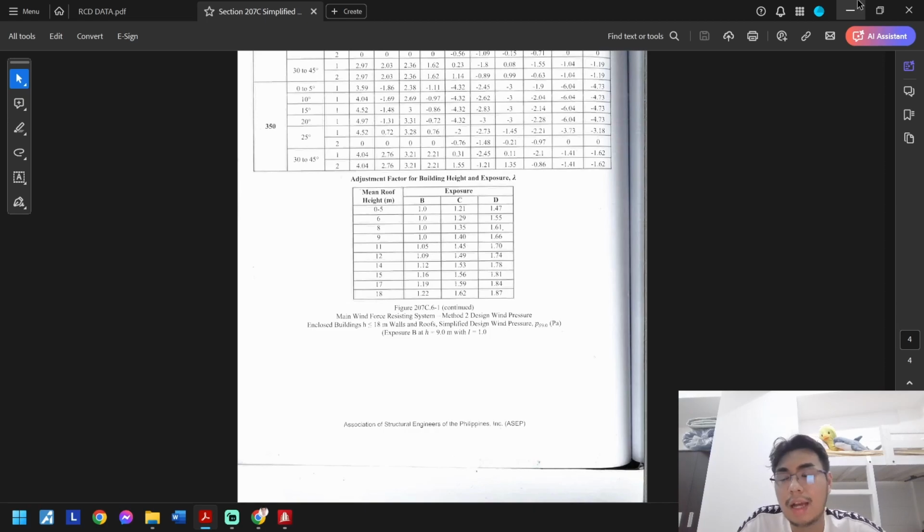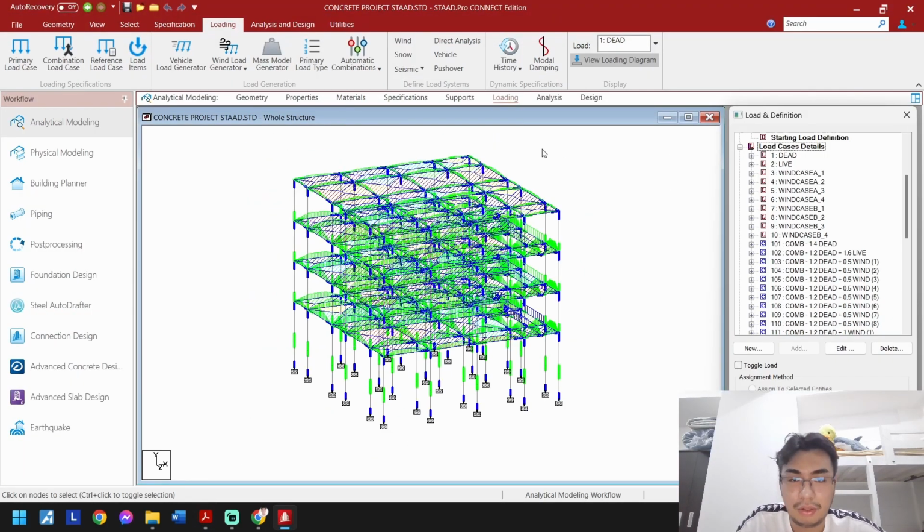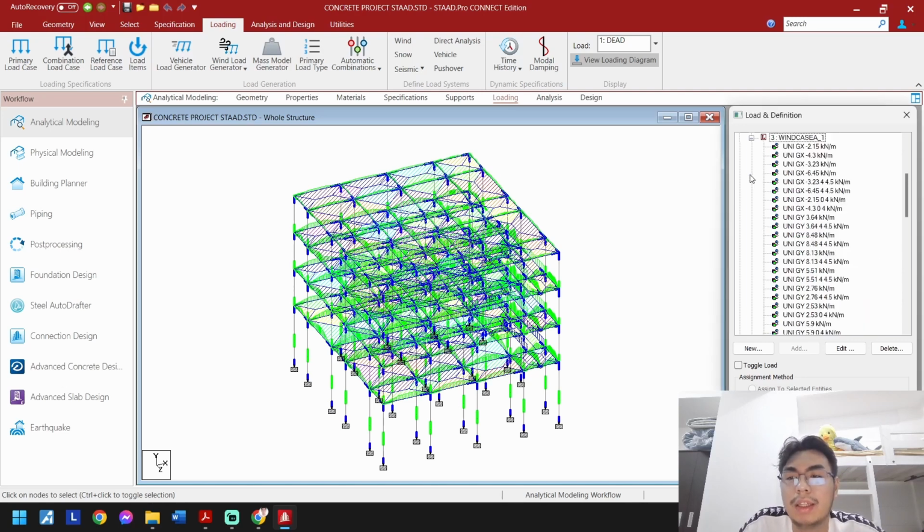Okay. So now once we determine all of that, we need to implement it in the STAAD. Since the STAAD does not have an automatic procedure for this kind of wind load, the envelope procedure, we have opted to use a tributary area, wherein here are the following cases.